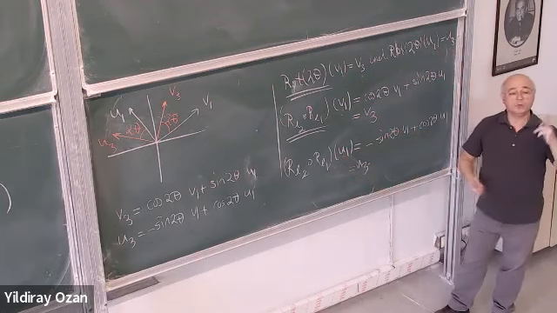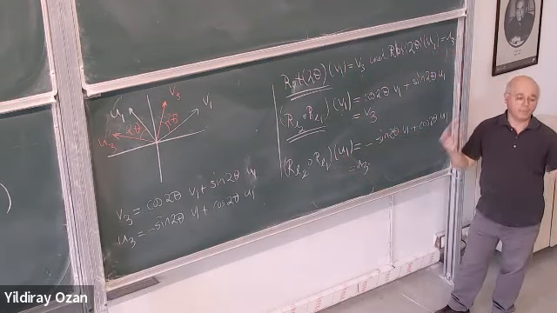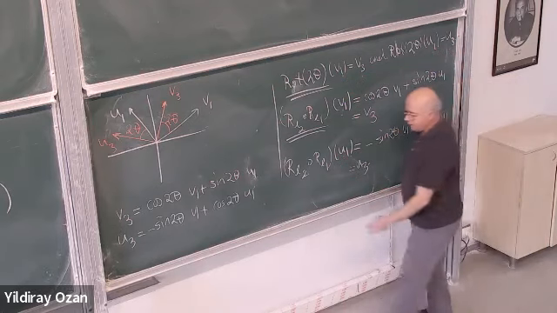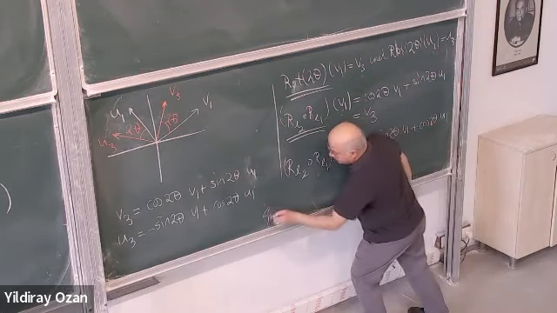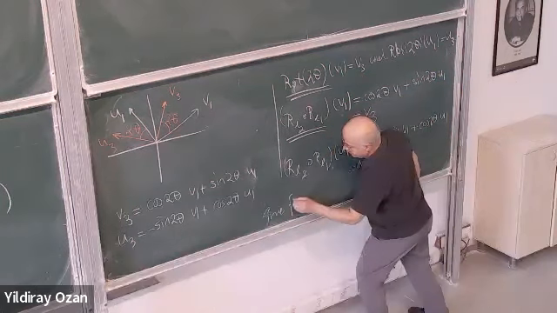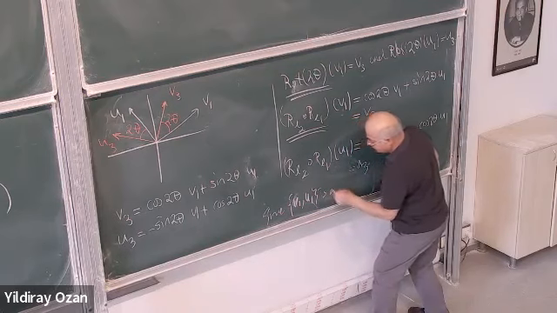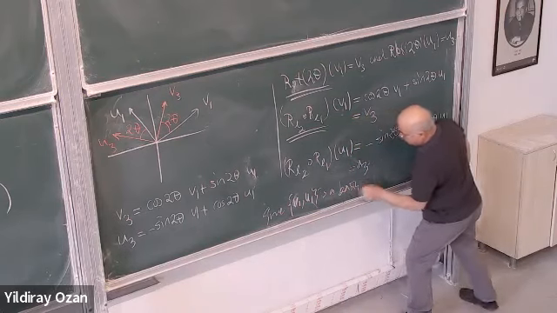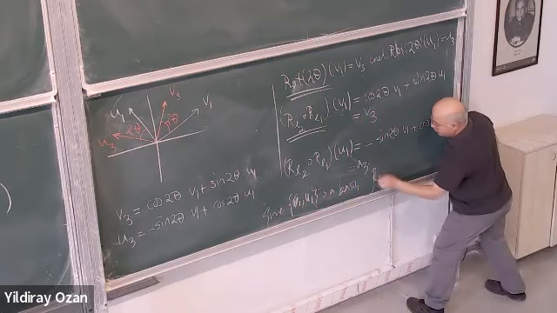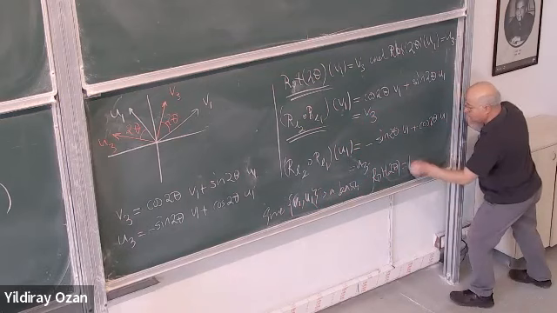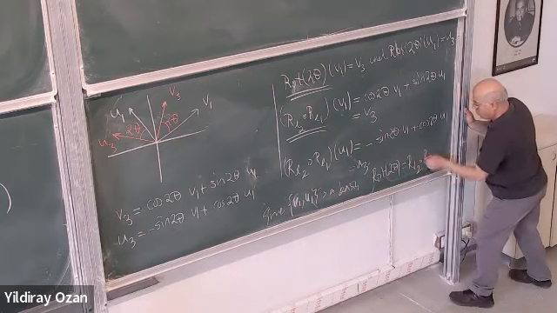So these two linear maps agree on a basis. Therefore, they are the same. Since this is a basis, this rotation is equal to RL2 RL1.